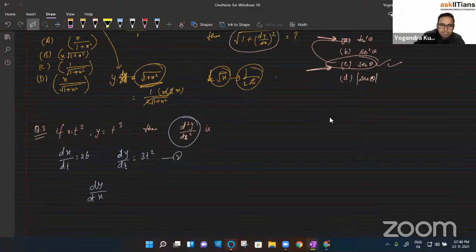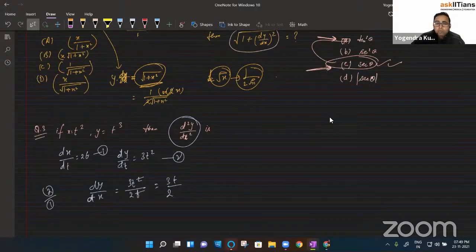By dividing the second by the first. So what do we get? 3t squared divided by 2t. Is that clear, everyone? Okay, this is what we got. Yeah, it's correct, right? 3t by 2.